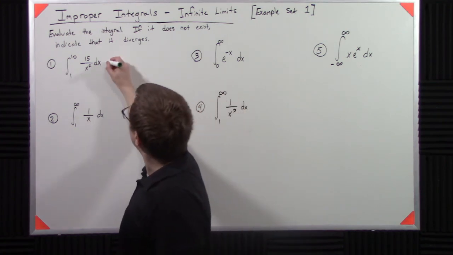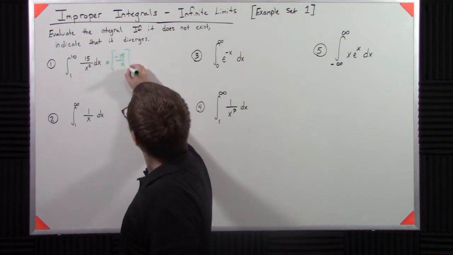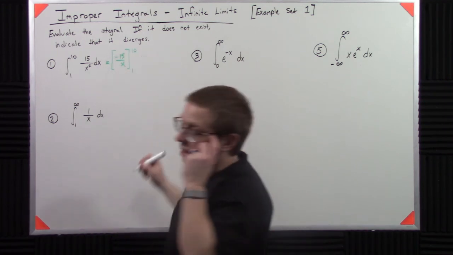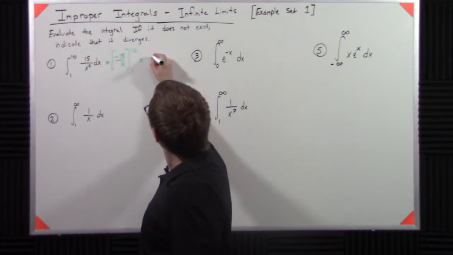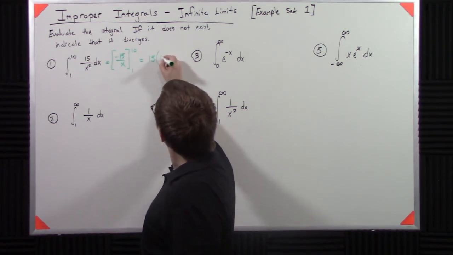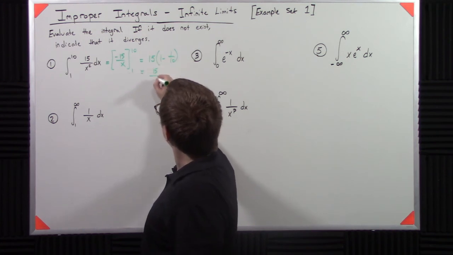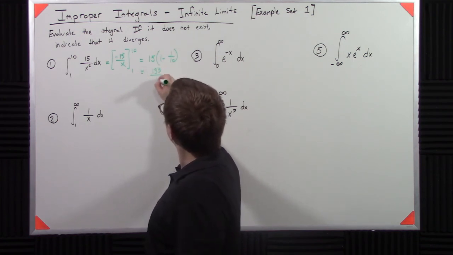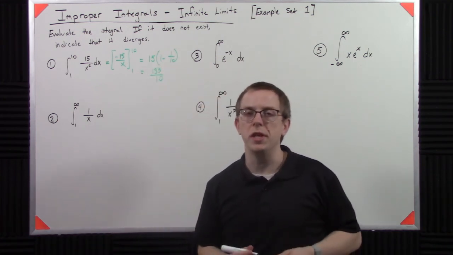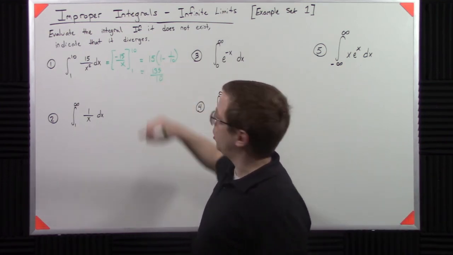So you just simply take the antiderivative, and you get 135 over 10, which I guess would still reduce if we wanted to.